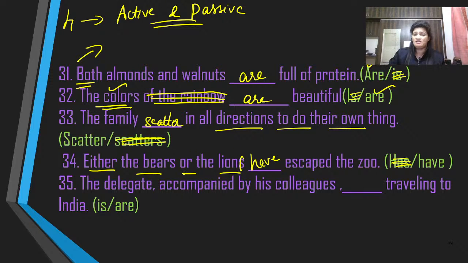Here you will go with the subject which is closer to the verb. So lion is closer, so here you're going to take has. Supposing you had either the bear or the lions, in that case you're going to go with, again, the closer subject, which is lions, and have is what you're going to use.